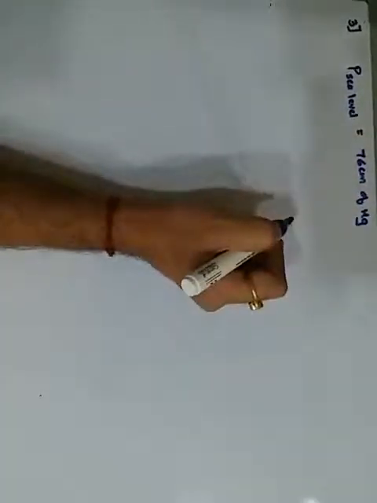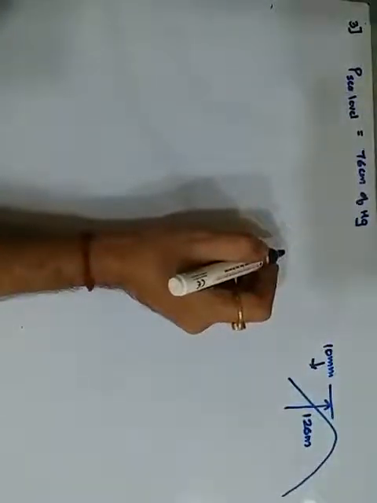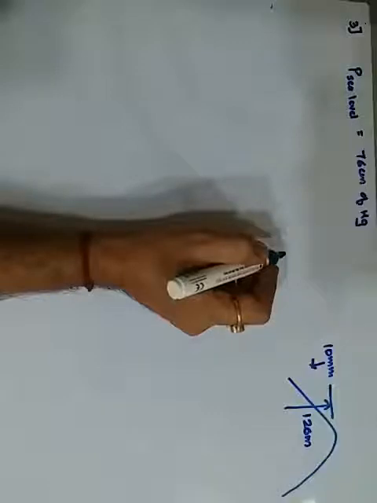If the air pressure falls by 10 millimeter of mercury per 120 meters of ascent, meaning for a mountain as you climb, if you climb 120 meters, the pressure drops by 10 millimeters. This relation we will use. Finally, what is the height of the hill where the barometer reads 70 centimeter of mercury?